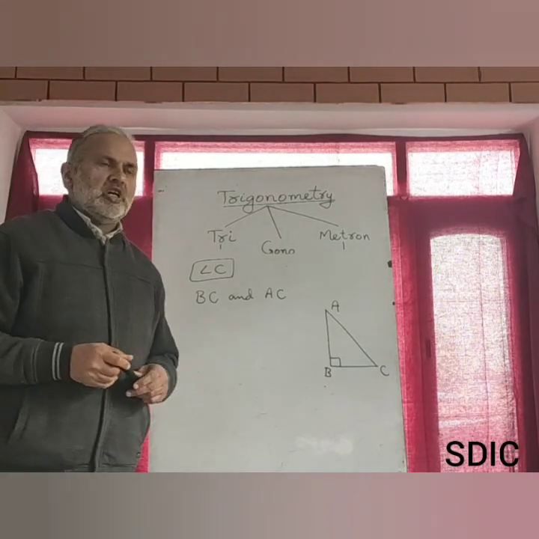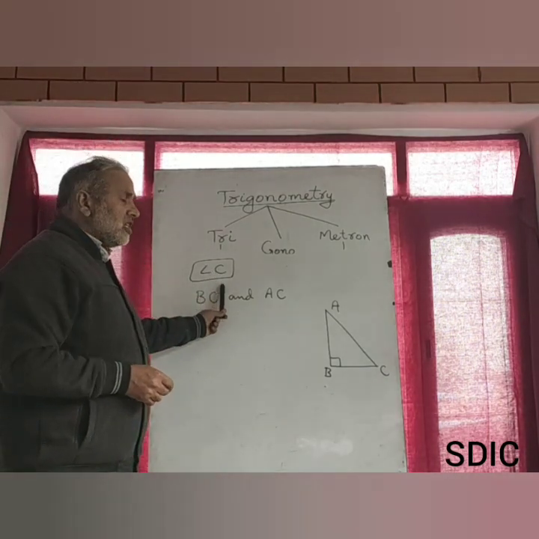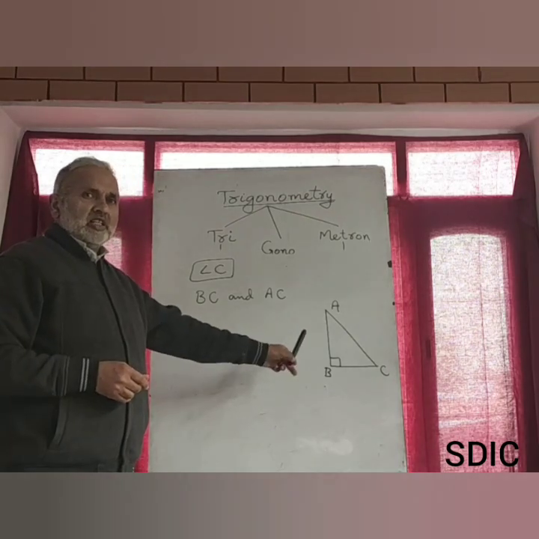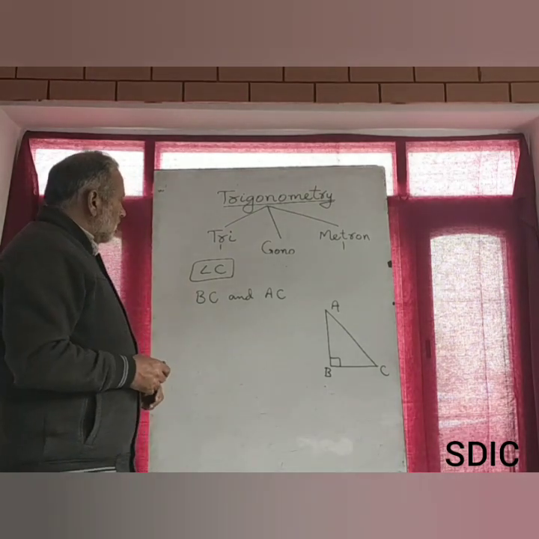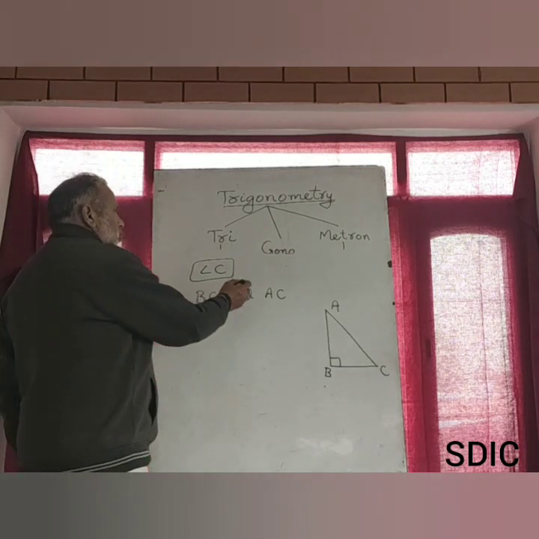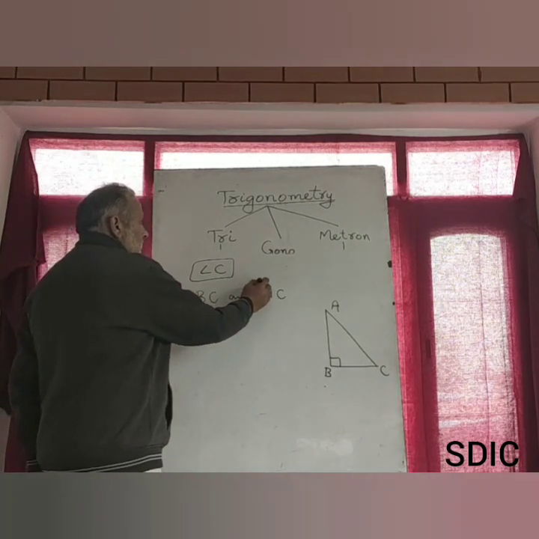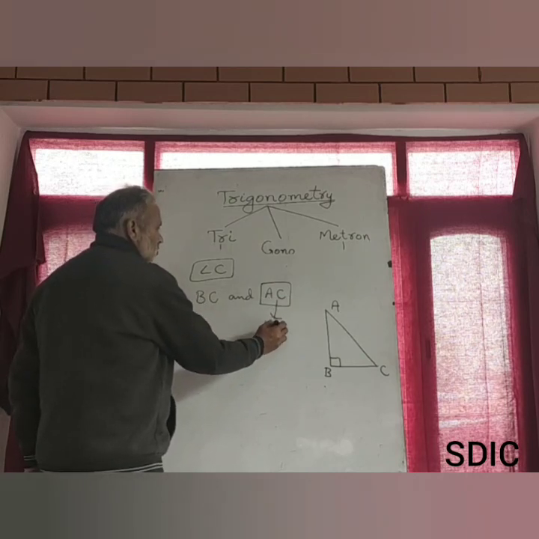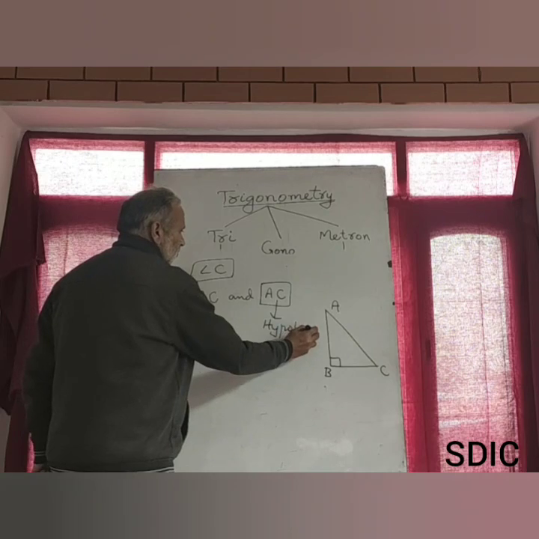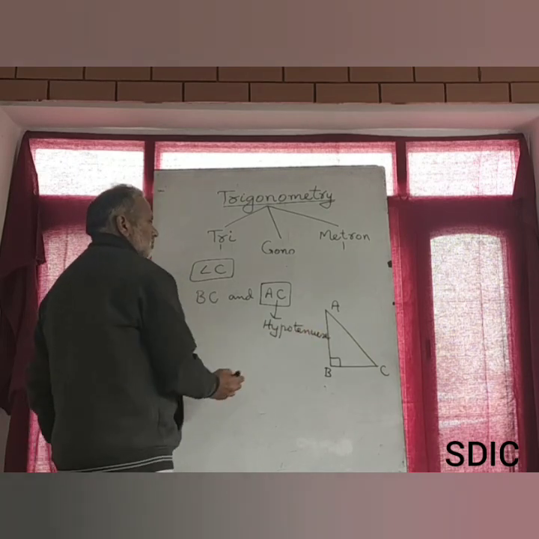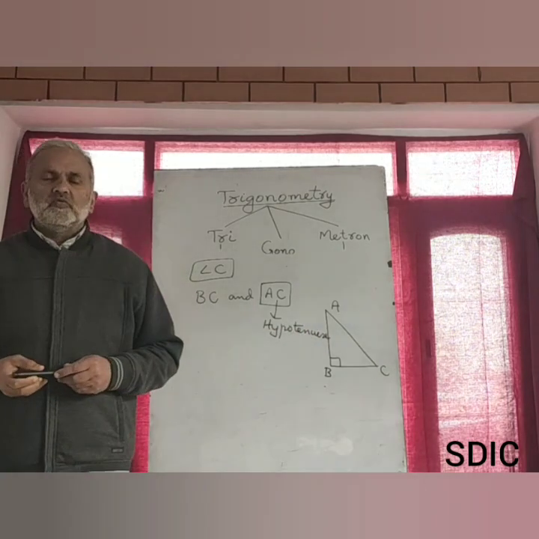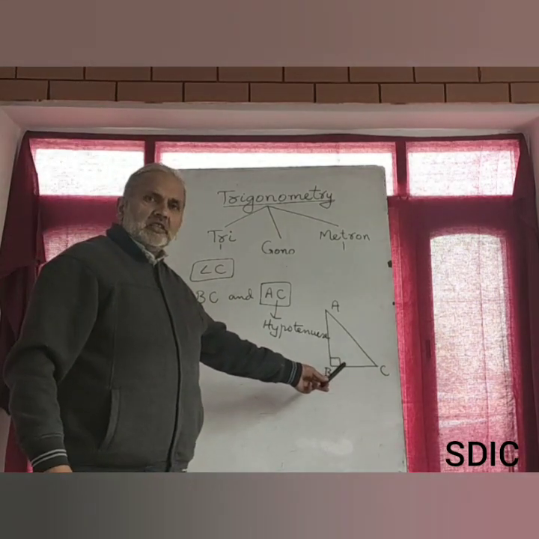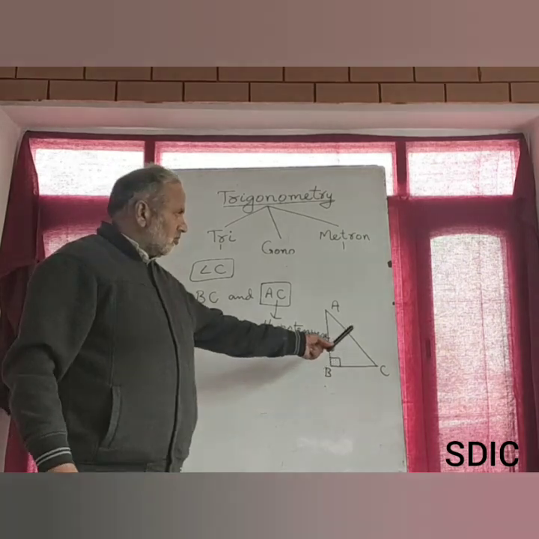These are the arms of the acute angle C that we have chosen out of the two acute angles of this right triangle. Then, out of these, we have already seen AC is the hypotenuse. It is the side opposite to the right angle in the right triangle.